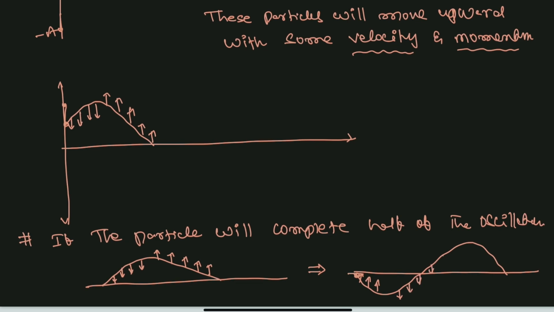The length of this wave is lambda, which is the wavelength. This wave train will continue to complete waves in a particular direction.